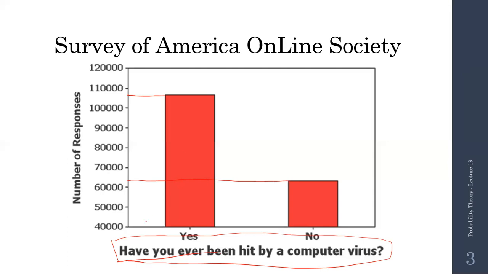As you may notice, it doesn't start from 0, it starts from 40,000. It should start from 0. This is the first mistake they made.